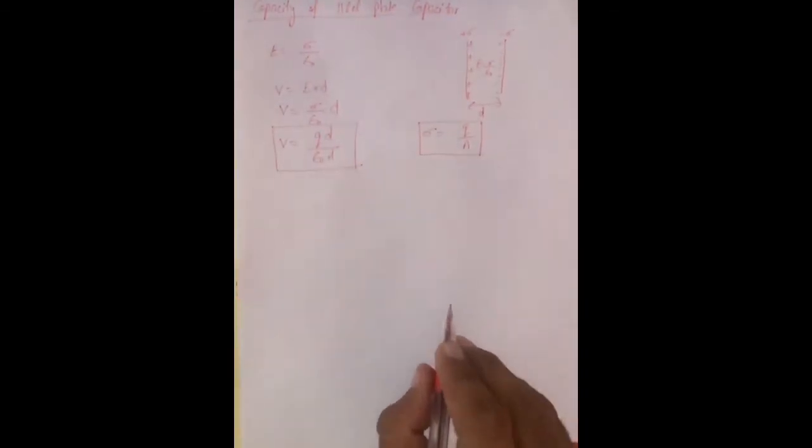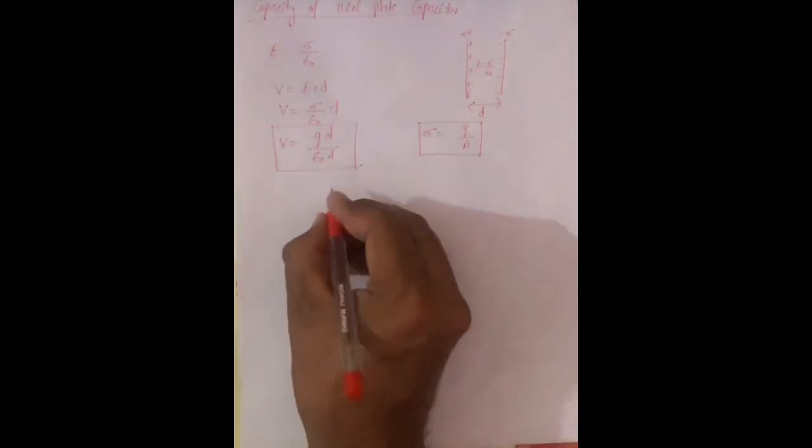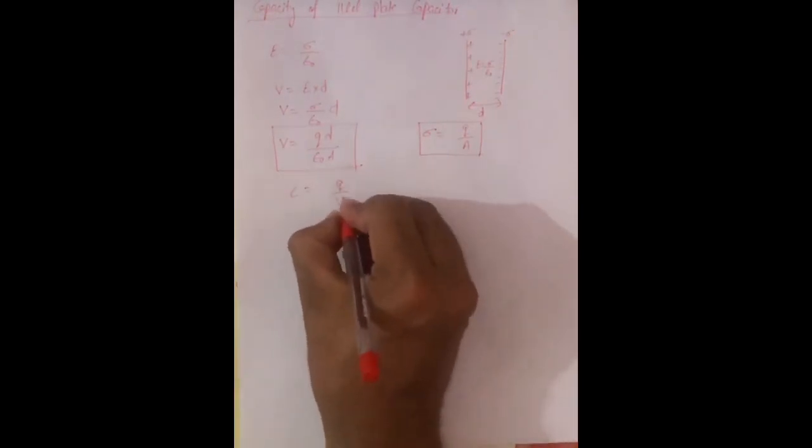Now we know, as we have done in the initial lectures, that capacitance was equal to charge per unit potential.